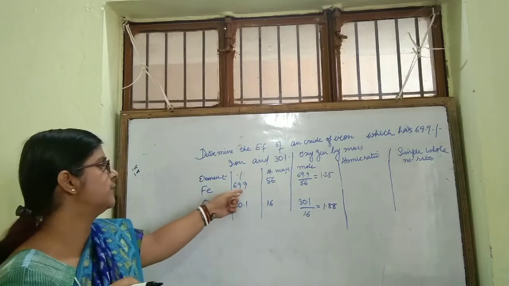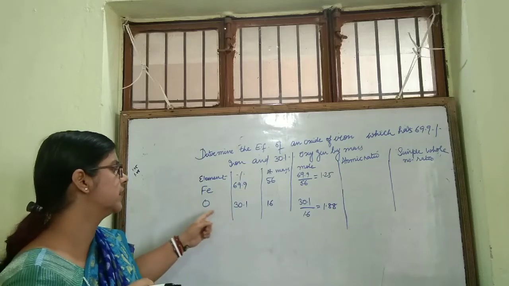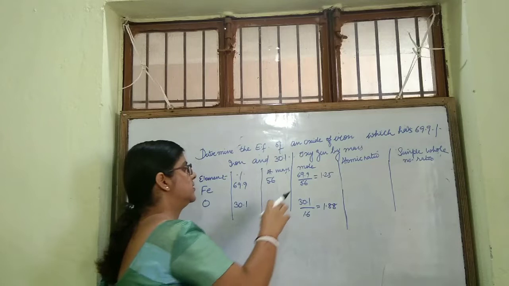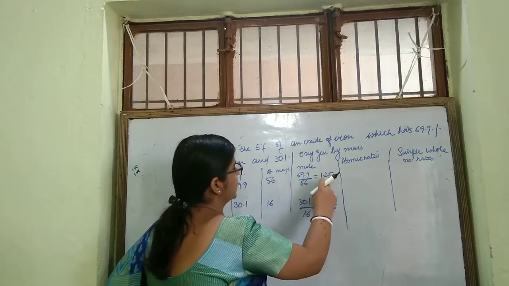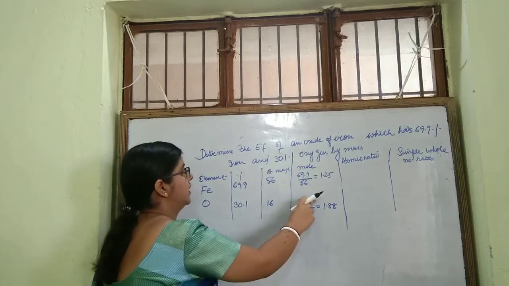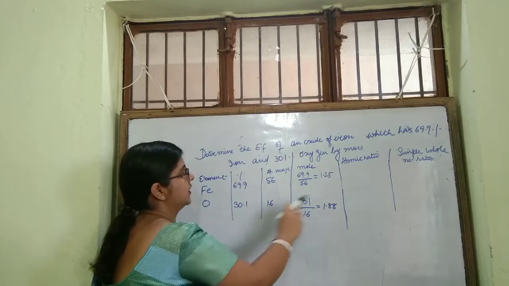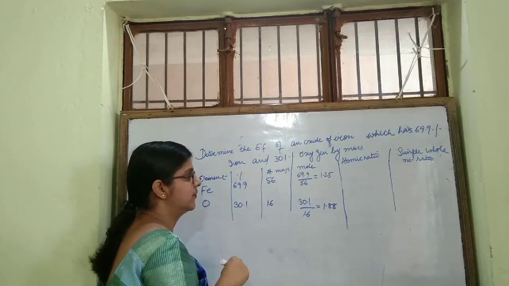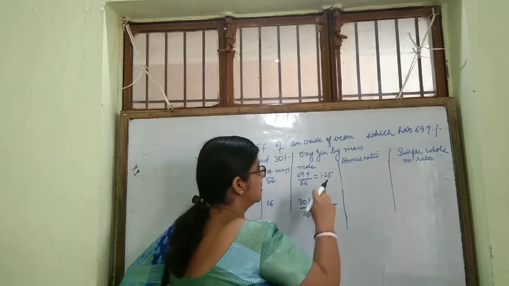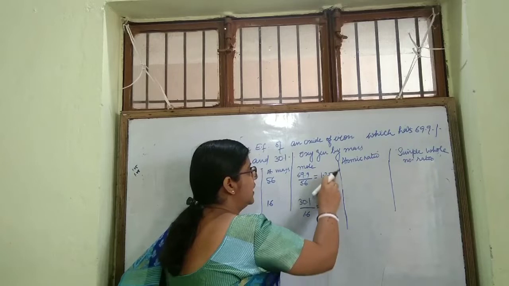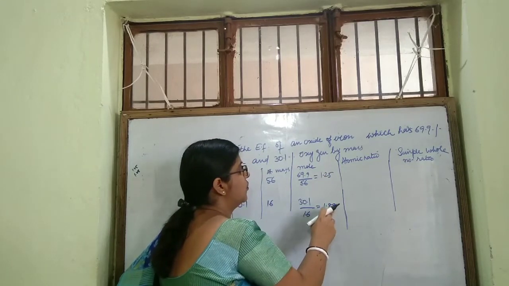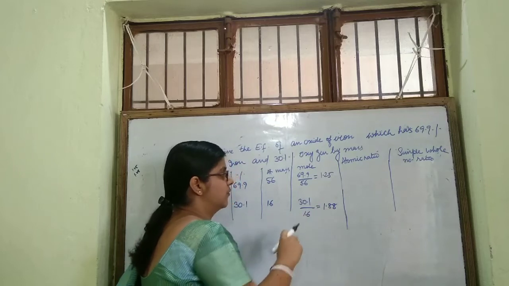See, 69.9 is given for iron, 30.1 is given for oxygen. So moles we are getting 69.9 by 56, that is equal to 1.25. And for oxygen we are getting 30.1 by 16, that is equal to 1.88. Now, how to find out the atomic ratio? You will divide the number of moles by the smallest number.